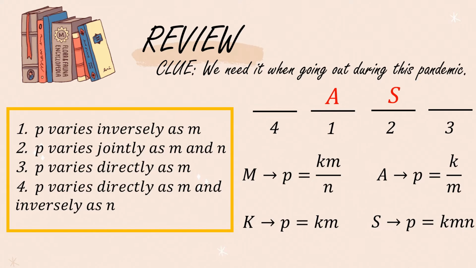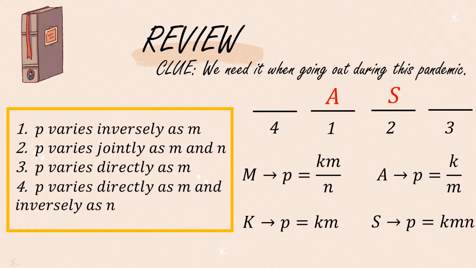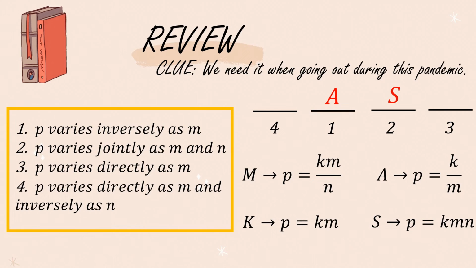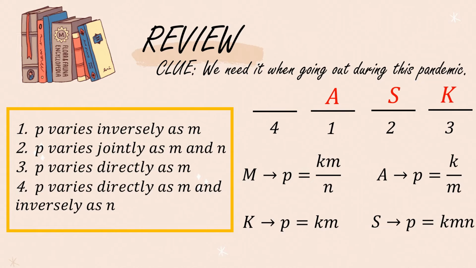Let us now go to number 3. Kayang-kaya nyo pala to eh. P varies directly as M. So, sino po siya sa dalawang natitirang letter? Tama! It's letter K. P is equal to KM.